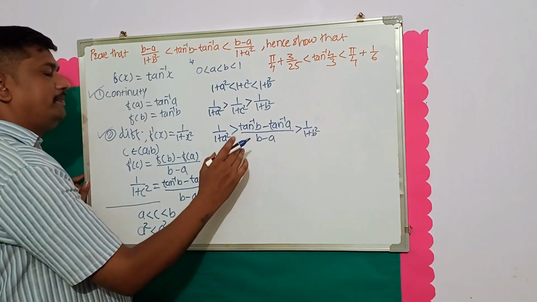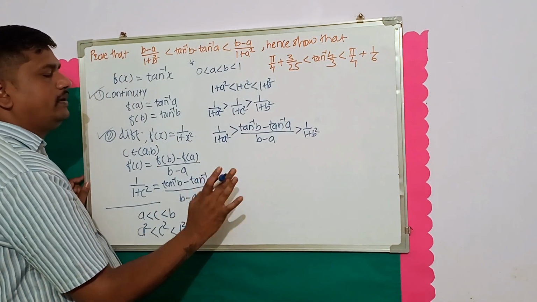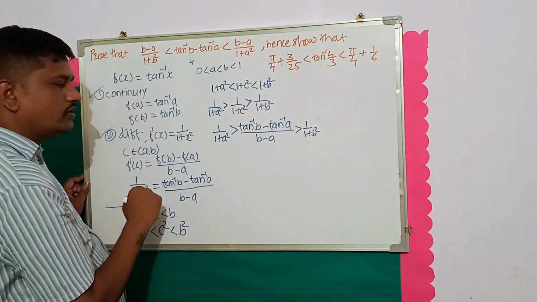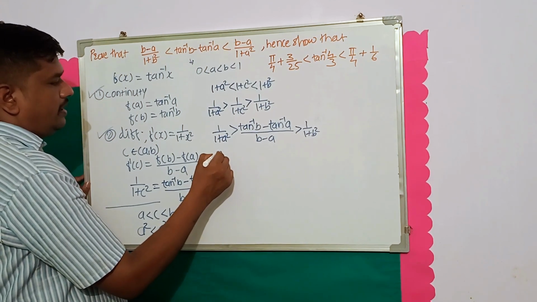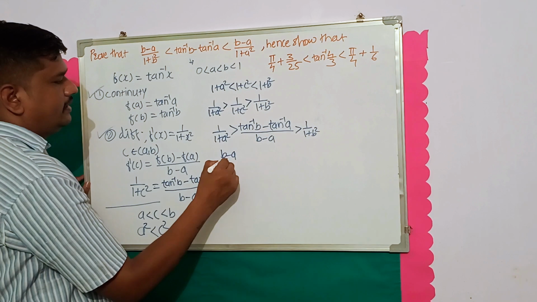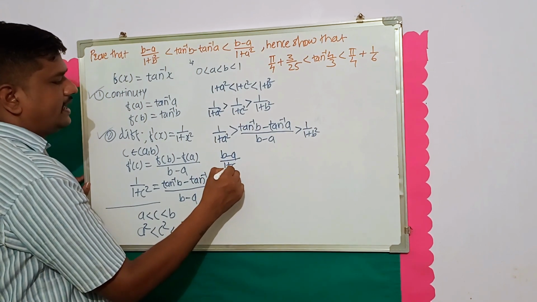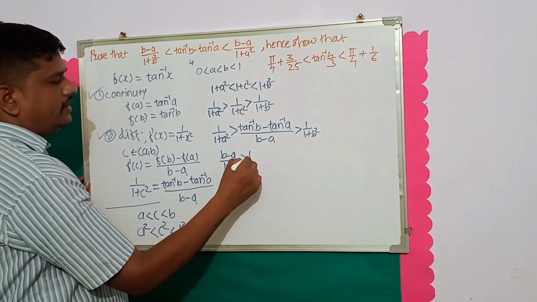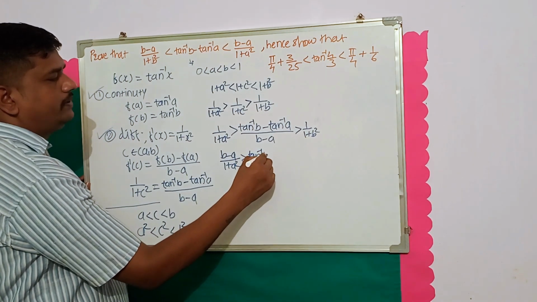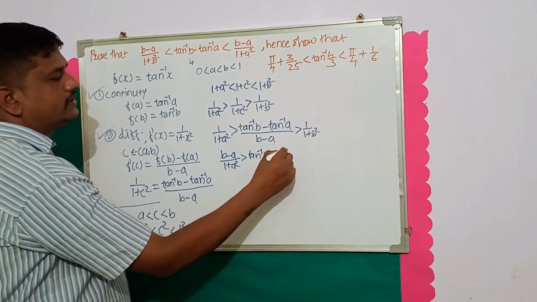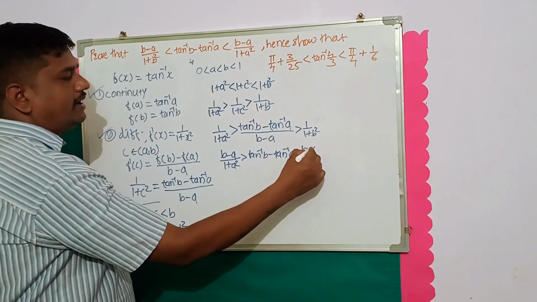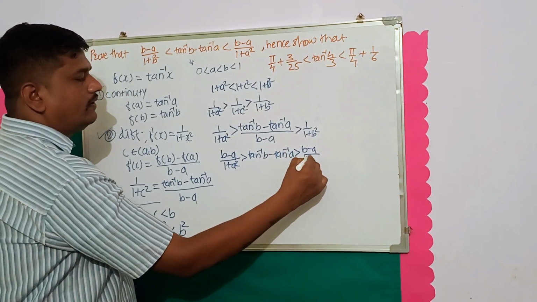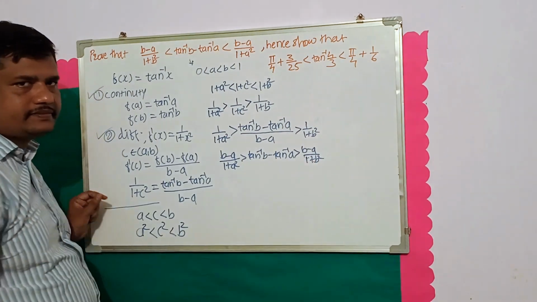Then if I multiply B minus A throughout, there will be no change because this is again a positive number. So I will definitely get here B minus A upon 1 plus A square greater than tan inverse of B minus tan inverse of A greater than B minus A upon 1 plus B square.